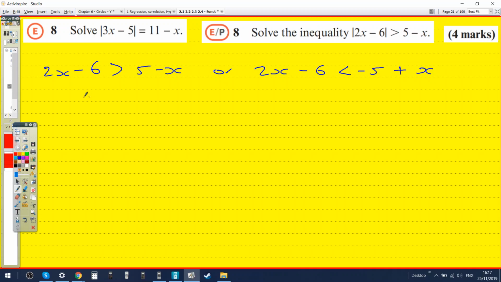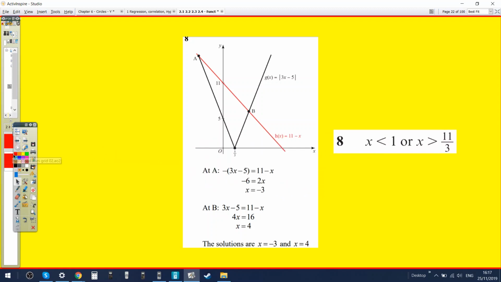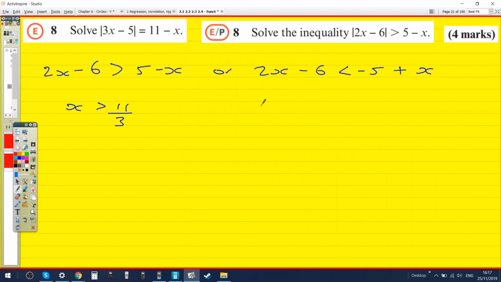First answer for x is bigger than 11 over 3. Yeah, x is bigger than 11 over 3. And 1 is greater than x. And so therefore x is less than 1.